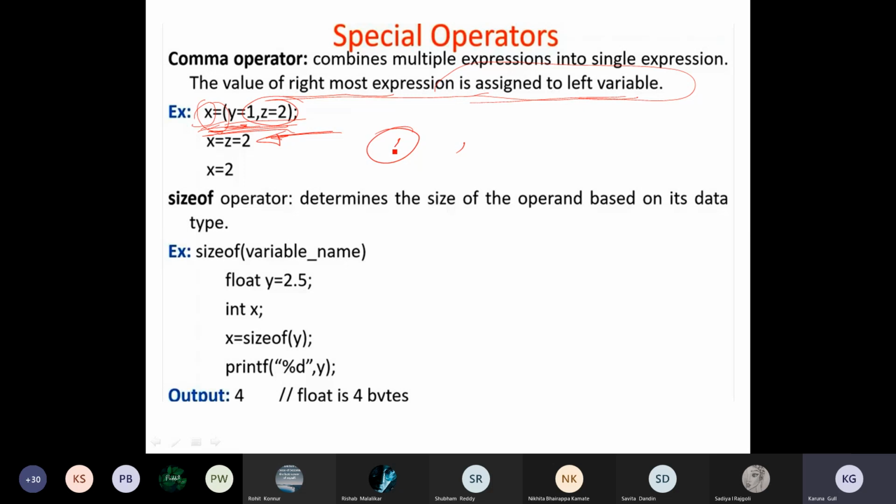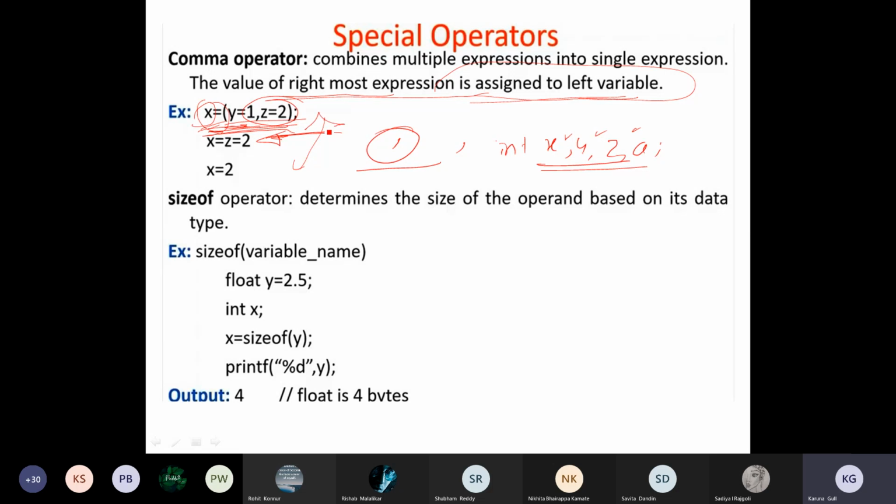Usually we will not use these things, but we will use them in the declaration section. If I write int x, y, z, a, these are separated by commas. This is where we use commas inside our program. This is a special kind of operator that we use inside programming.